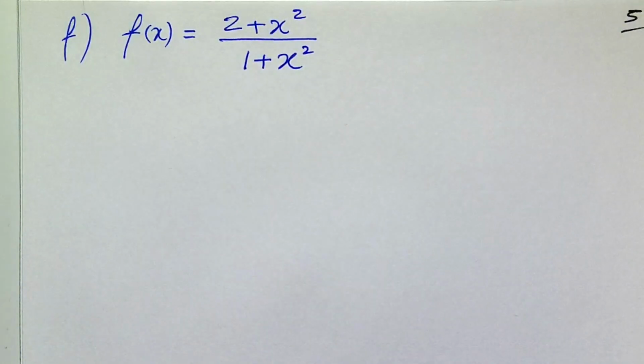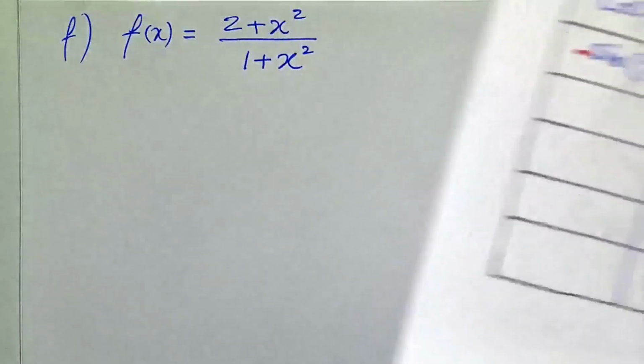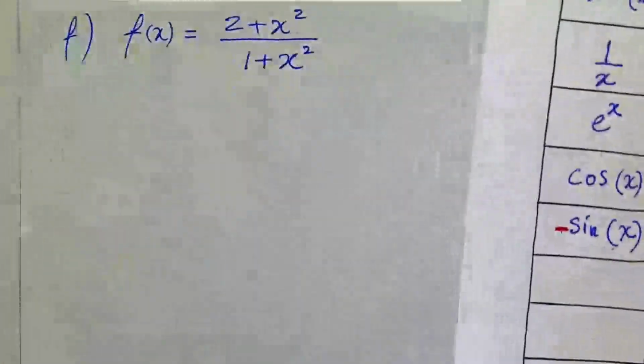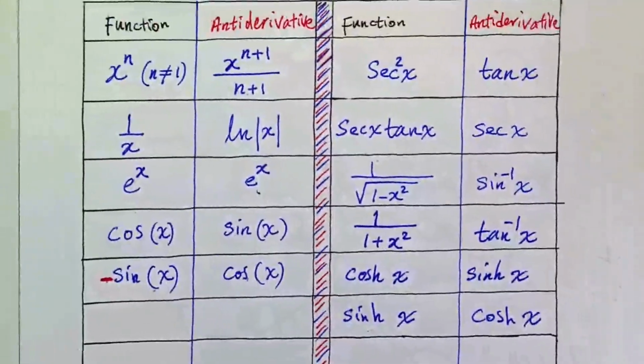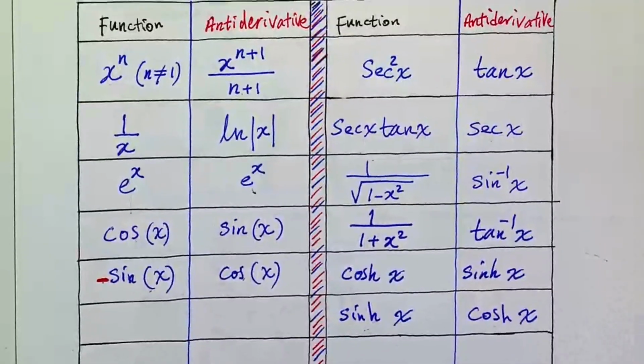Okay, so let me bring that table back. How do we find the antiderivative of that? Let's see if what I had in the table has something that could help us.